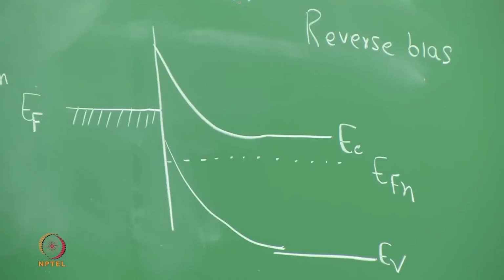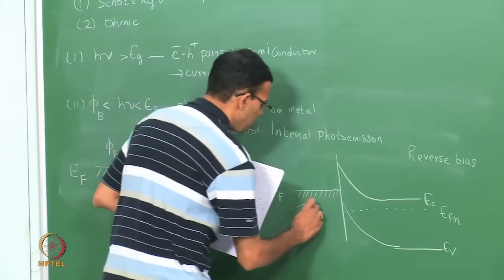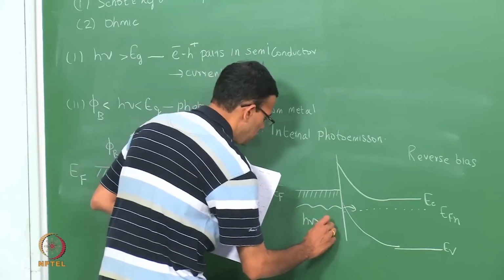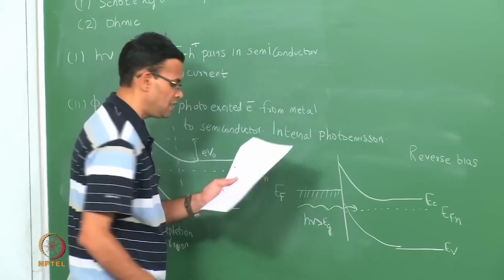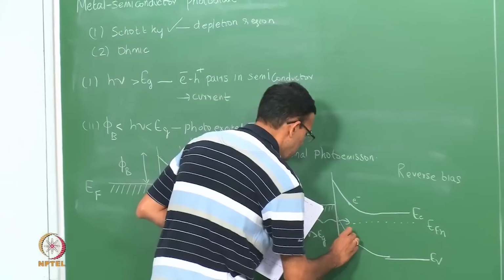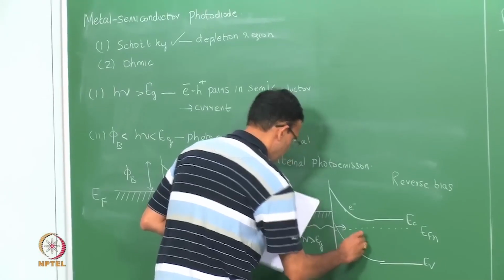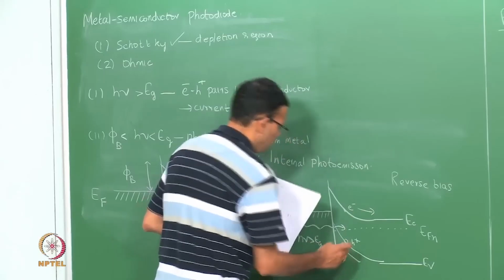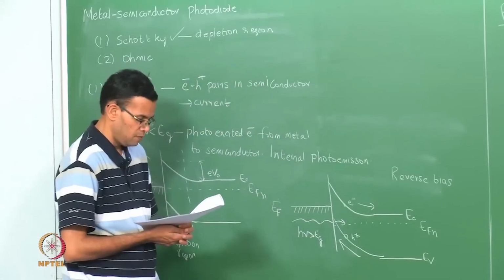If you have light of energy greater than the band gap, so h nu is greater than Eg, then you will generate your electron hole pairs. An electron and a hole will travel in opposite directions in order to give me my current.